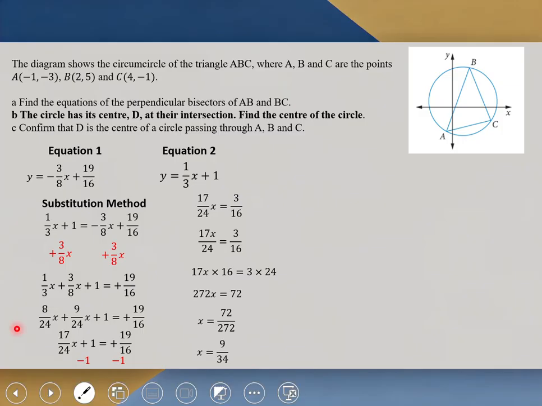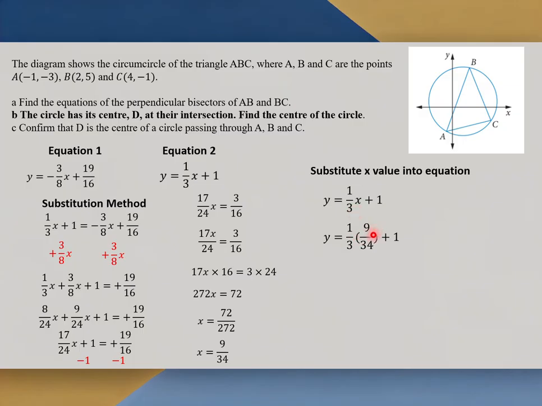I can substitute this value into my equation to find the y value. So straight away, I'm grabbing 9 over 34 and plugging it into the equation. 1 times 9 is 9, 3 times 34 is 102.